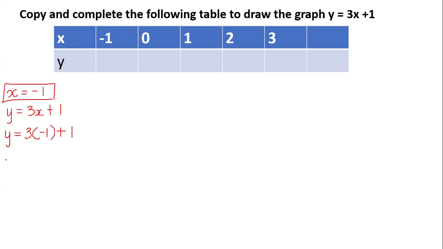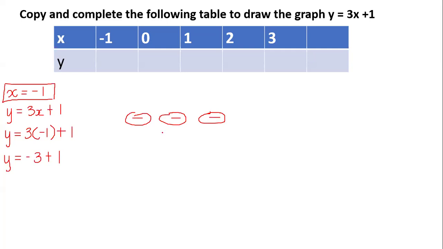What is 3 times negative 1? That's gonna be negative 3. Negative 3 plus 1. What is negative 3 plus 1?